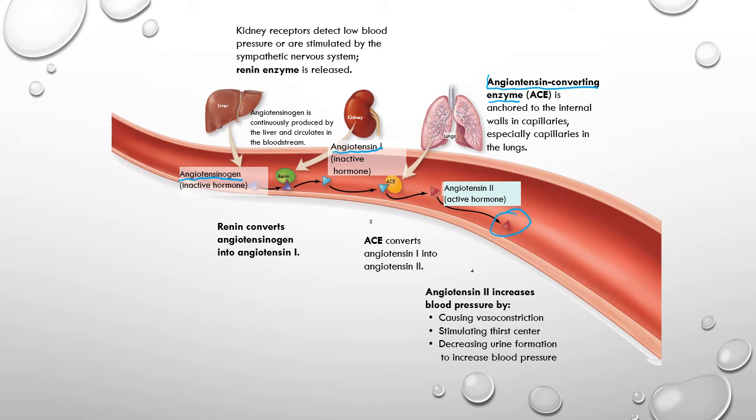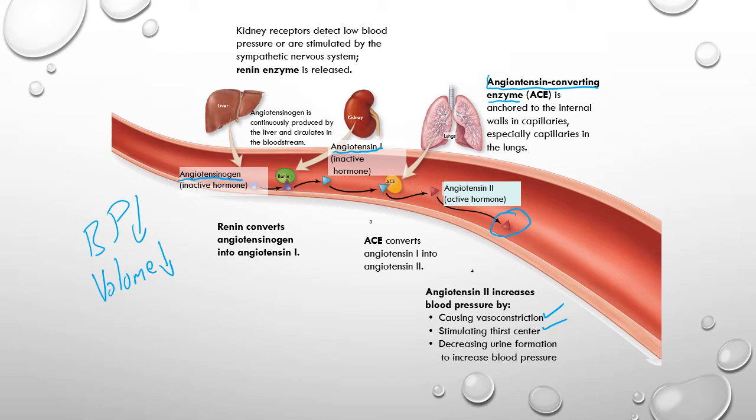And as it circulates around through the body, it's going to cause vasoconstriction. It's going to tell our brain that we're thirsty. So since our blood pressure has dropped, so BP is falling, this is possibly due to a volume that is falling. And in order to bring that back up, we're going to need to do things like drink.